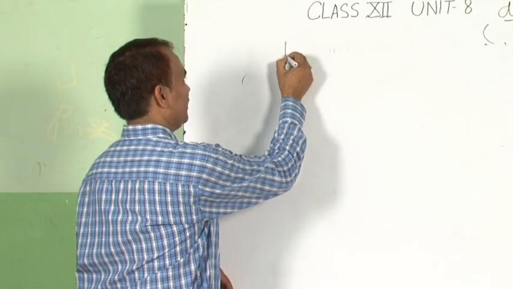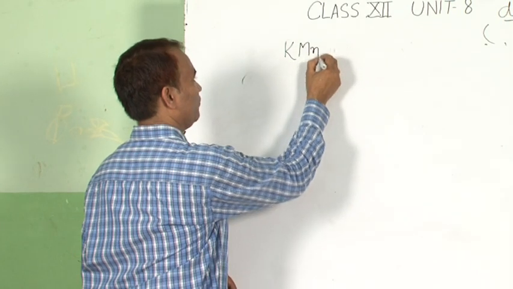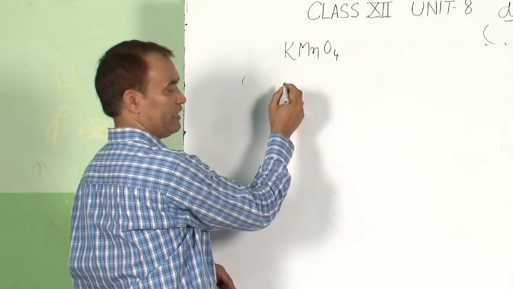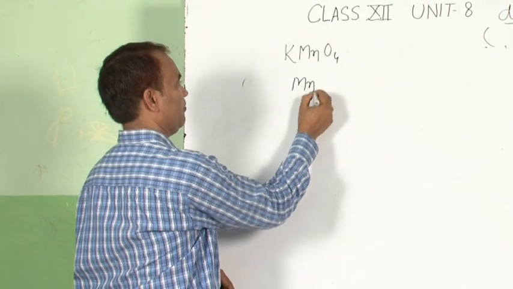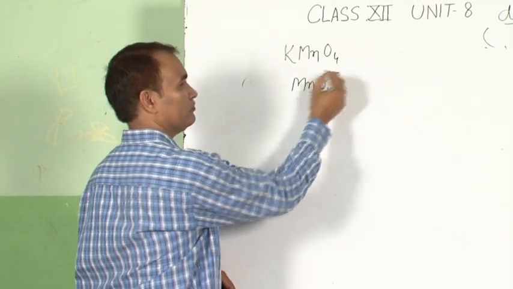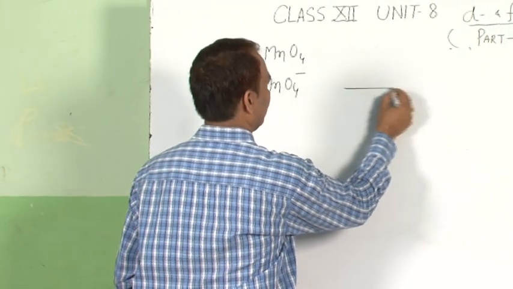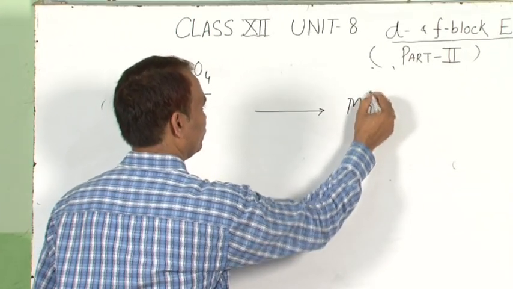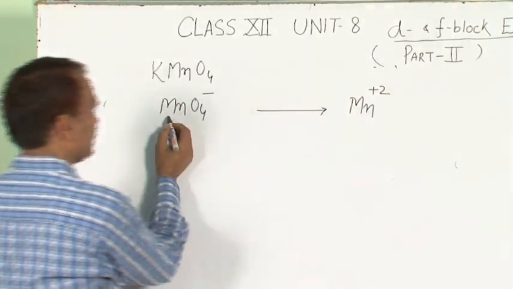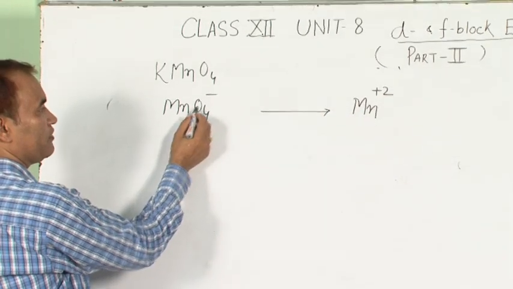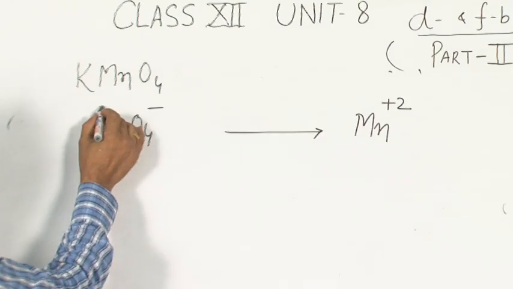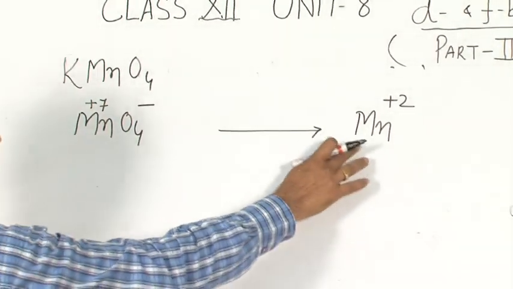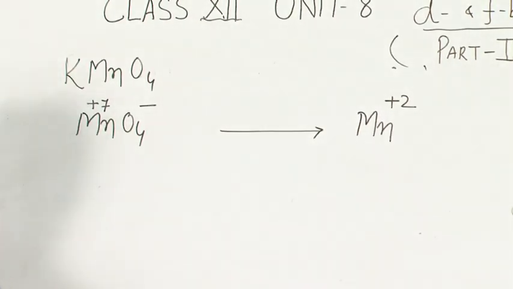Potassium permanganate KMnO4, we just take its ionic reaction. Permanganate ion is converted into Mn2+. Here the oxidation state of Mn is plus 7, since 4 times minus 2 is minus 8, plus 7 minus 8 is minus 1. Plus 7 to plus 2, it gets reduced.